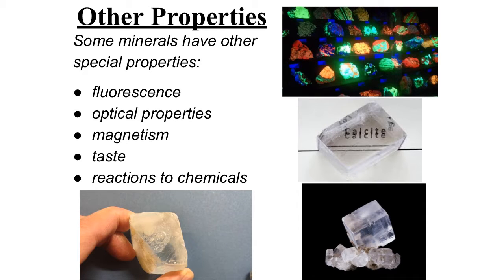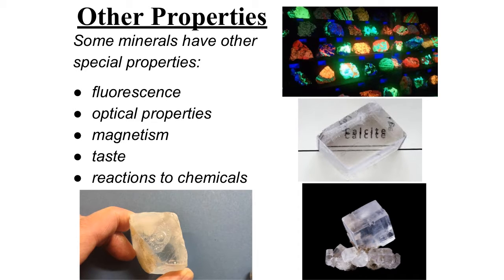So if you happen to have a black light with you, you can always identify specific minerals that way. There are also some minerals that have very specific optical properties, like this one. This is calcite, and it has this property called double refraction, which means that you can see double when you look through calcite, just like in this picture.